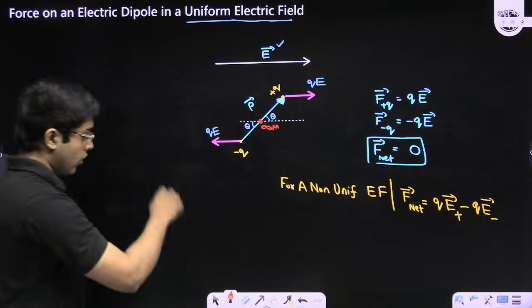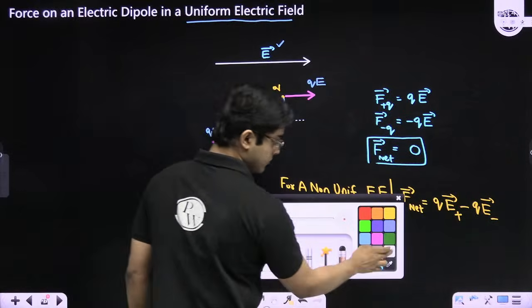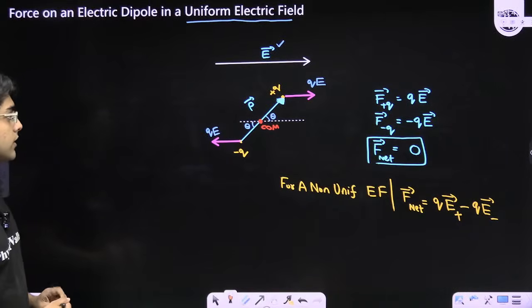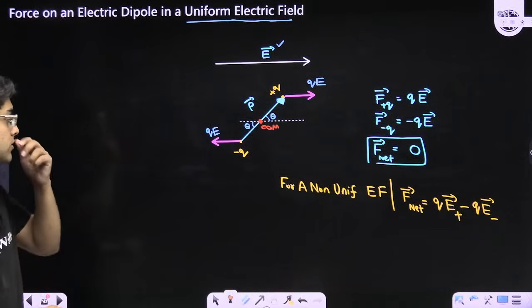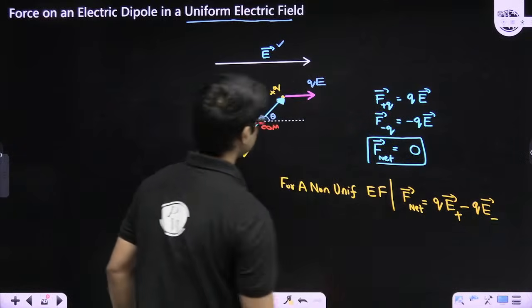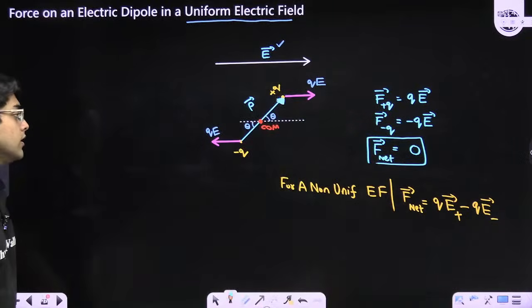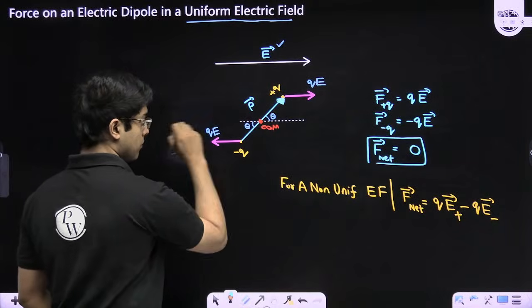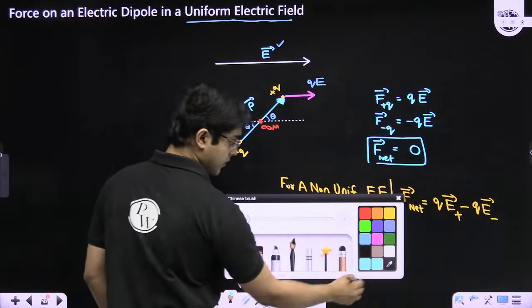So that torque we are trying to calculate. There are two ways to calculate it. Either you can use vectors, or you can use a direct formula, but I am going to use vectors.